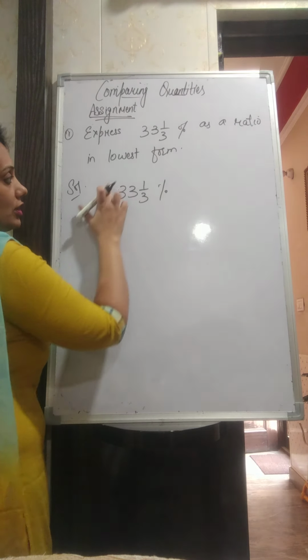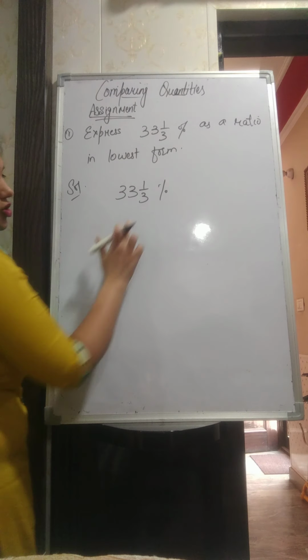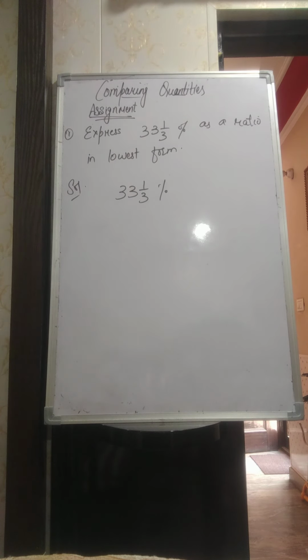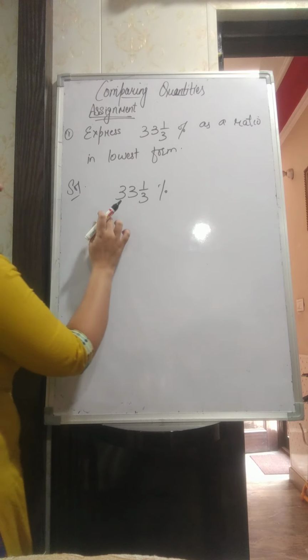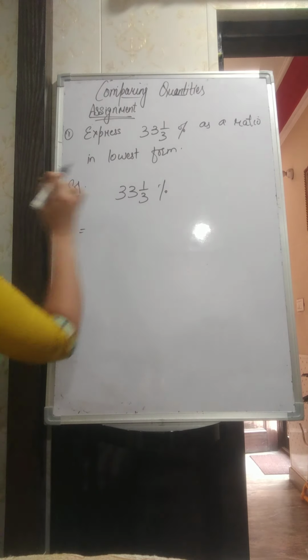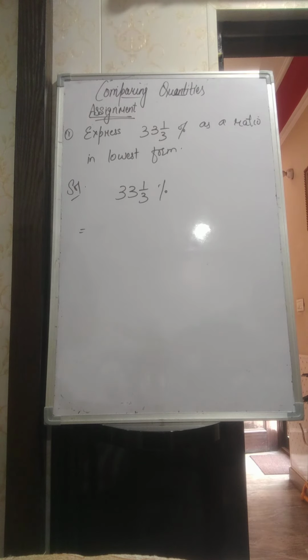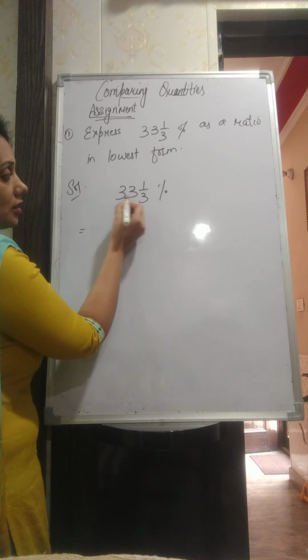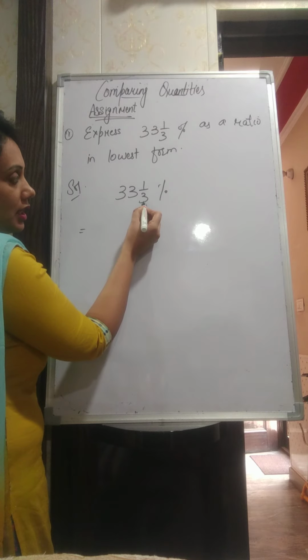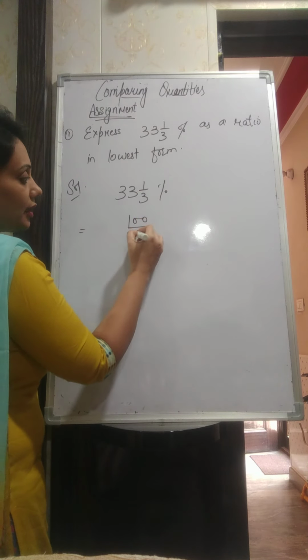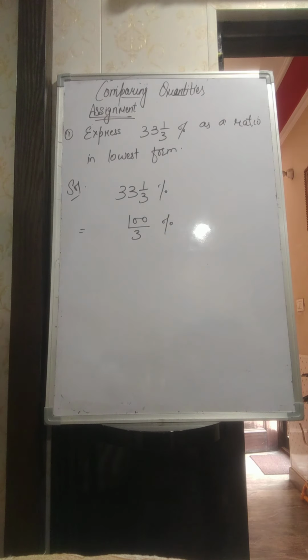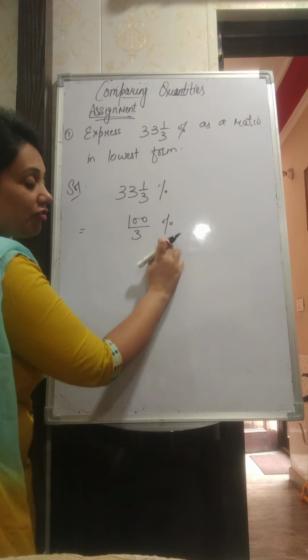First of all, we will convert this mixed fraction into improper fraction, that is 33 into 3, 99, 99 plus 1, 100 by 3%. Next, we have to remove this symbol of percent.